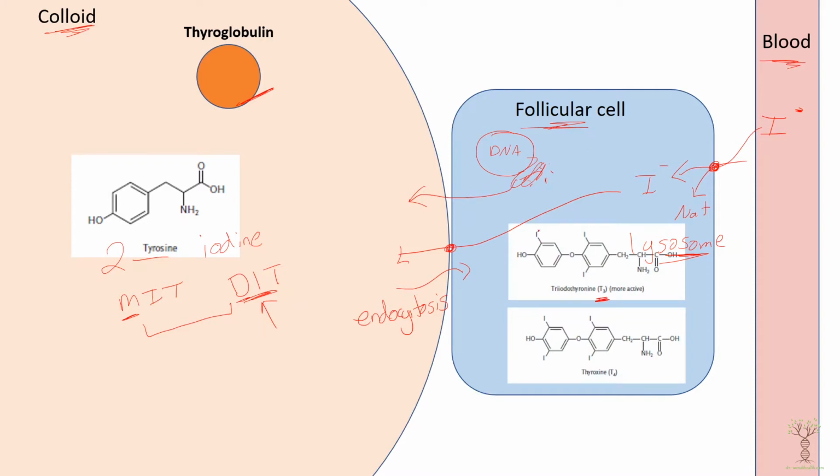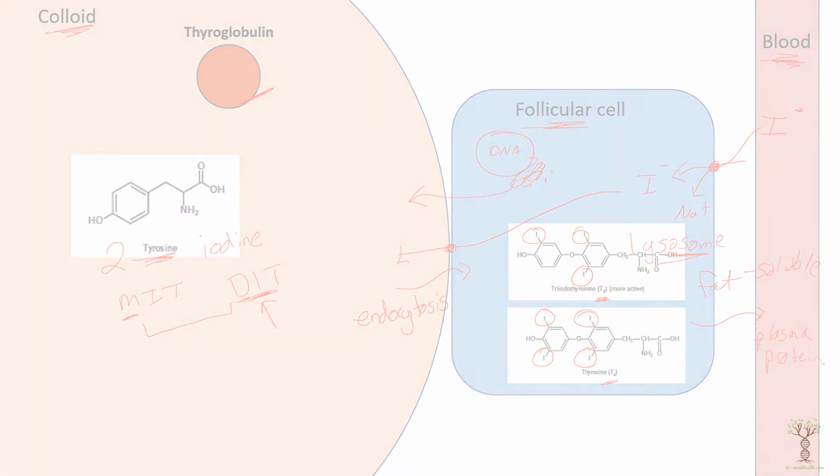So T3 has 1, 2, 3 iodines, and T4 has 1, 2, 3, 4 iodine molecules. Now remember that thyroid hormones, even though they are made from amines, they are fat soluble. So when a hormone is fat soluble, it can diffuse across a membrane. But in order to be transported in the blood, it will need a plasma protein to be able to travel through the blood.